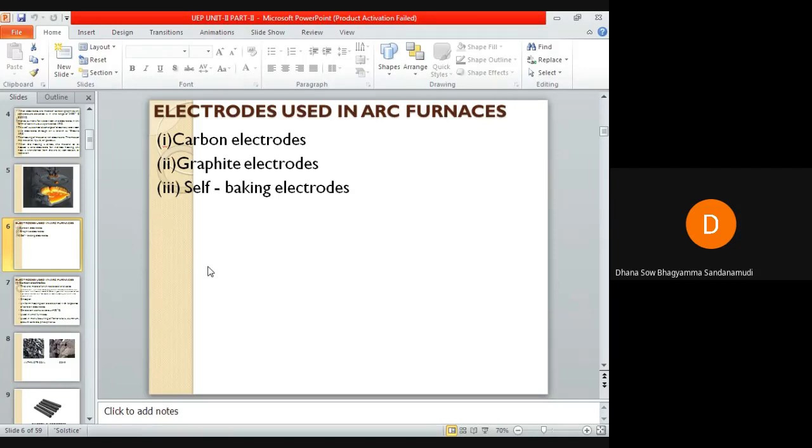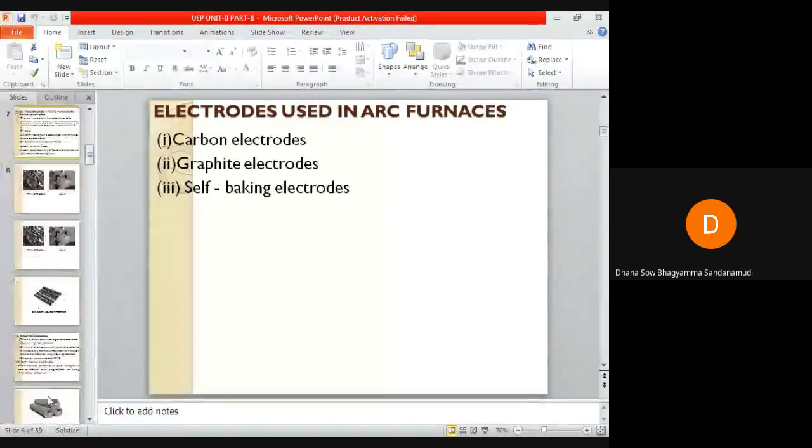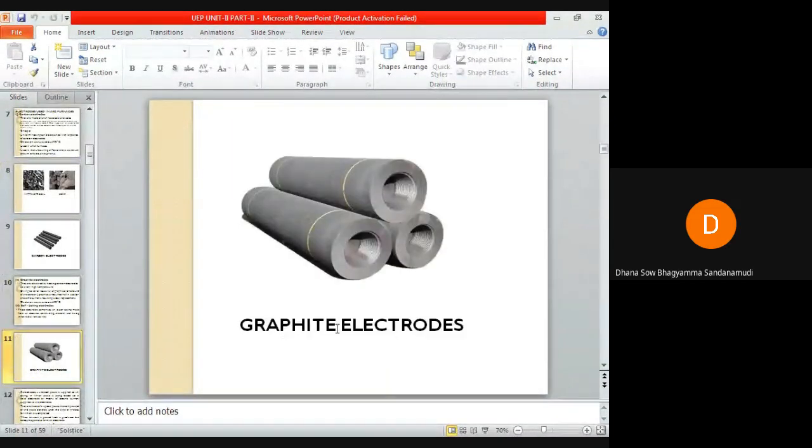It can replace the carbon electrode because half the size is more than sufficient for heating. Oxidation of this graphite electrode starts at 600 degrees Celsius. You can see these are the graphite electrodes.